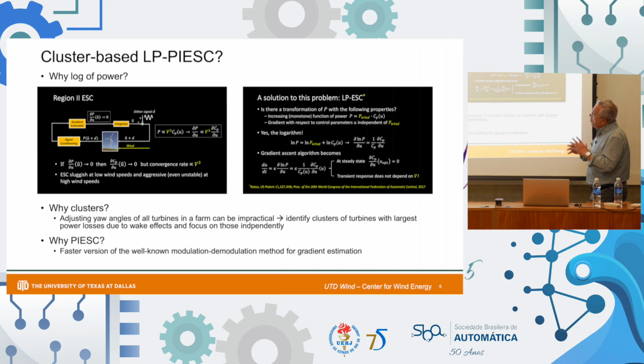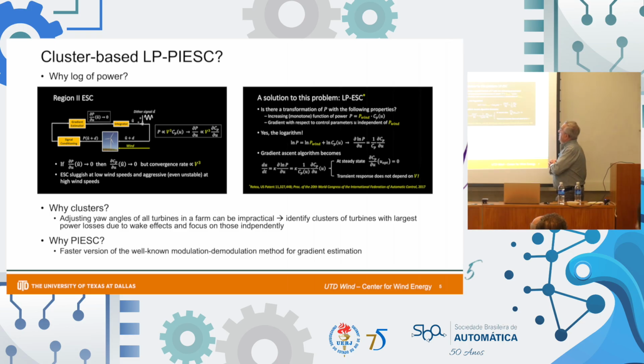So then one day I asked myself a question: without doing anything, is there a transformation I can do to my measurements in order to decouple the wind, which I cannot control, from the coefficient of power, which I can control? P wind is basically V cubed times some geometric parameters and air density. If you take the log, now you have the logarithm of power is the log of the power in the wind plus the log of the coefficient of power.